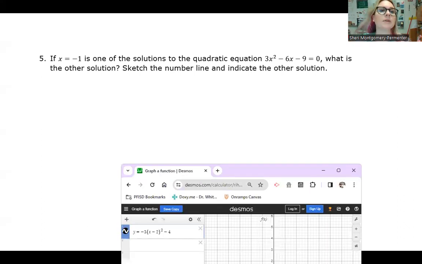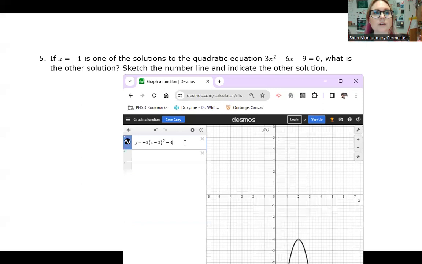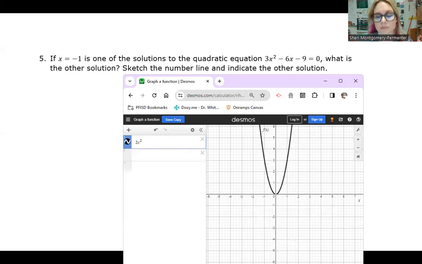So now we're going to type it in exactly the way you see it. It's not getting harder today. So 3x squared minus 6x minus 9 equals 0.